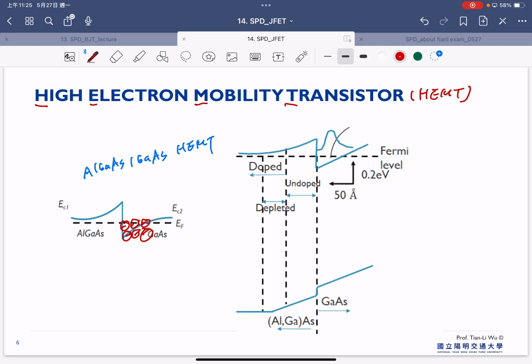So we call this an electron gas. The gas means that the amount of electrons is huge. So that's why we call it a gas. And also because the electrons are confined in this quantum well here.